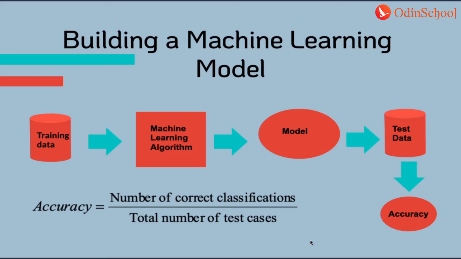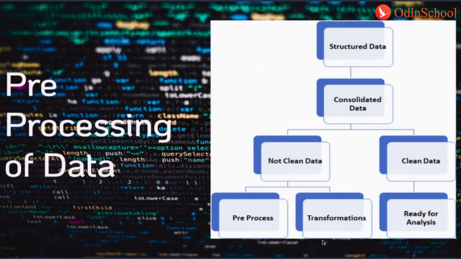The difference of 15K divided by the actual 90K is the error that you are getting, which is how you get the R square. This is how you find the accuracy for classification and for a regression problem. I'm going to show you later in the course how you get the accuracy.